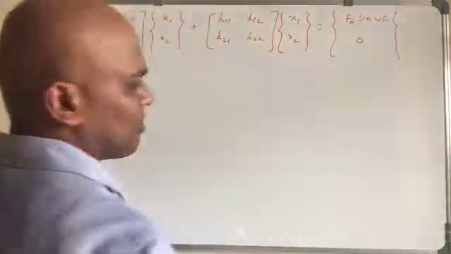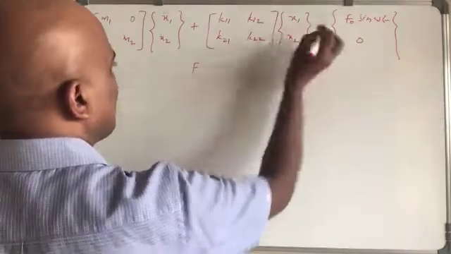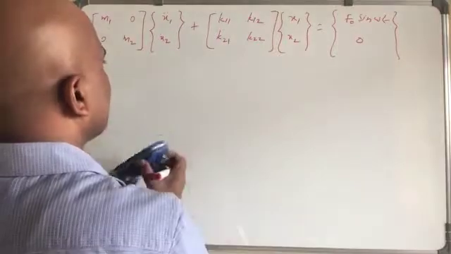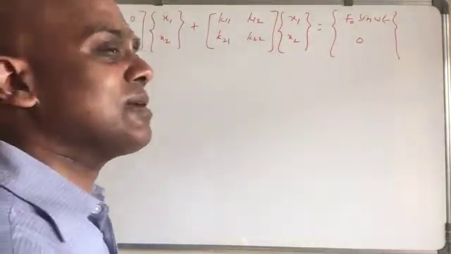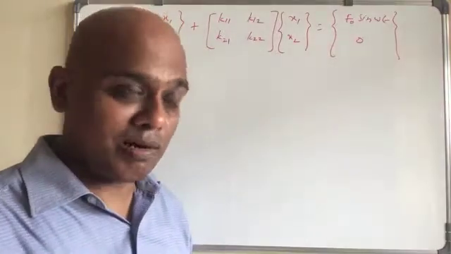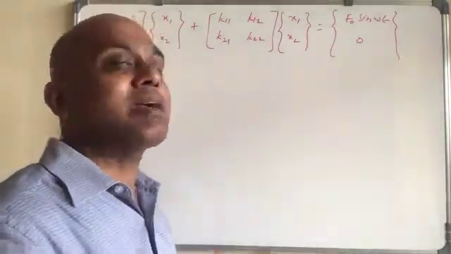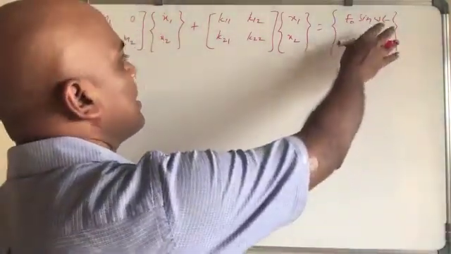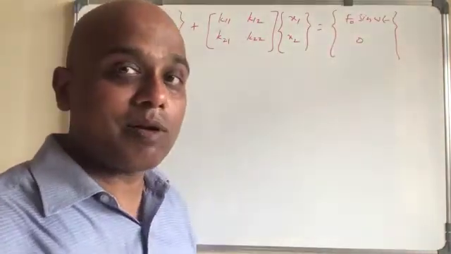Given this force, we are not interested in the free vibration term, the transient term, because that will eventually die out. What will remain here is the steady state term, or particular integral term.